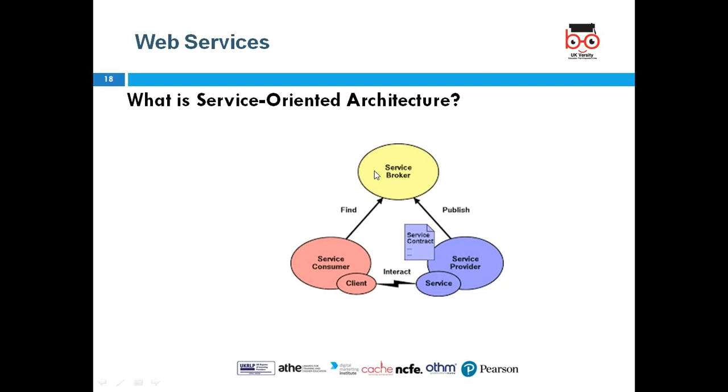Probably one provider is charging £5, another £8, and the third £10. So you find a service provider from the registry, then you interact with the service provider and get the service. Then there comes the concept of web service composition.